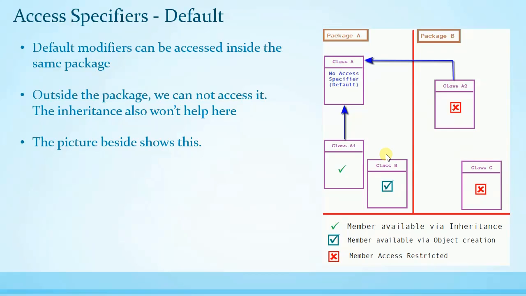So that's what is called a default access specifier. When a member is marked with the default access specifier, we cannot access it in A2 as well as C, since these two classes reside in package B.